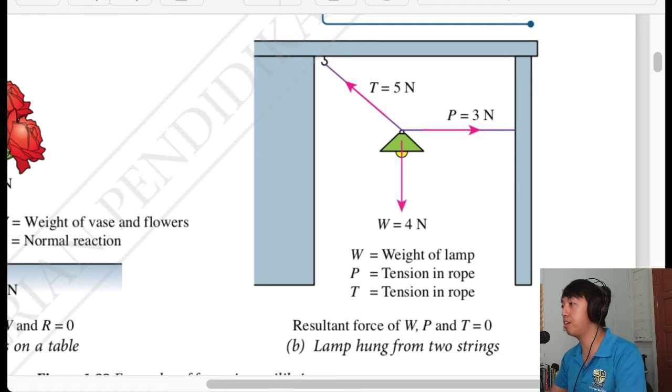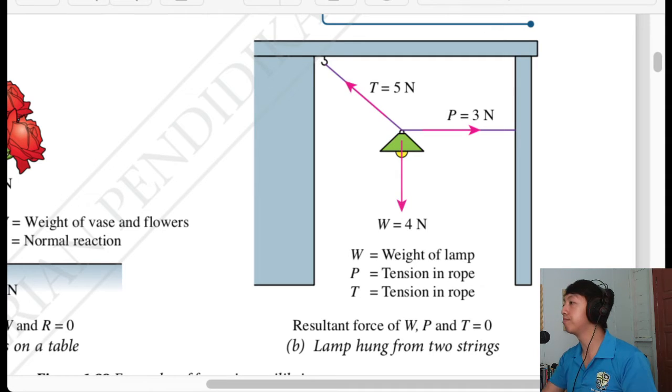So you have a lamp here, and going to the right we have 3 newtons. Going down, we have the weight of the lamp itself, which is 4 newtons. And then we have another piece of rope going up at an angle, letter T, at 5 newtons. And the lamp is not moving, so the lamp is in a state of equilibrium.